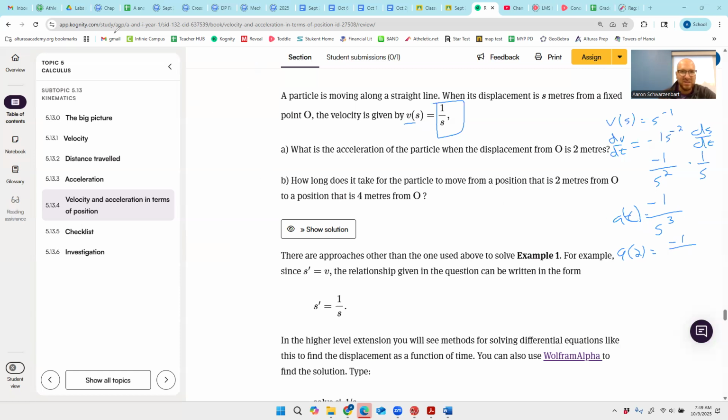This is not a of t, because my variable is actually s. But acceleration should be thought of as dv dt. 2 cubed, negative 1/8.